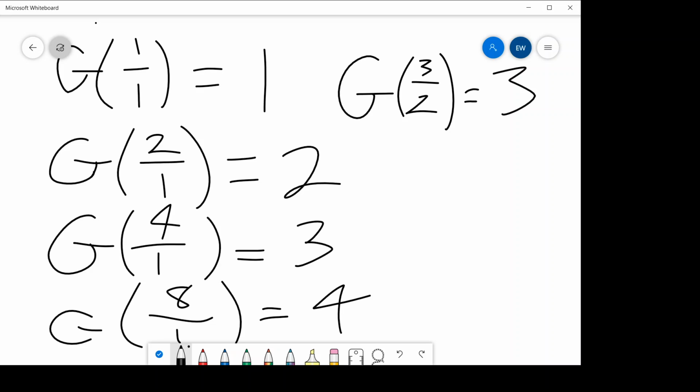So basically his thought behind this, I'm sorry, not 3 to 2. This is not for the perfect fifth. This is for 3 to 1, which is a major 12th, which can be thought of as an octave plus a fifth. So we're going to define g of 3 to 1 to be 3.